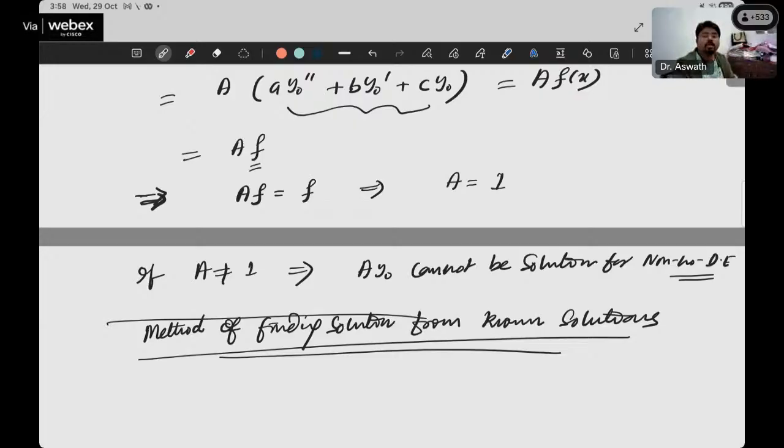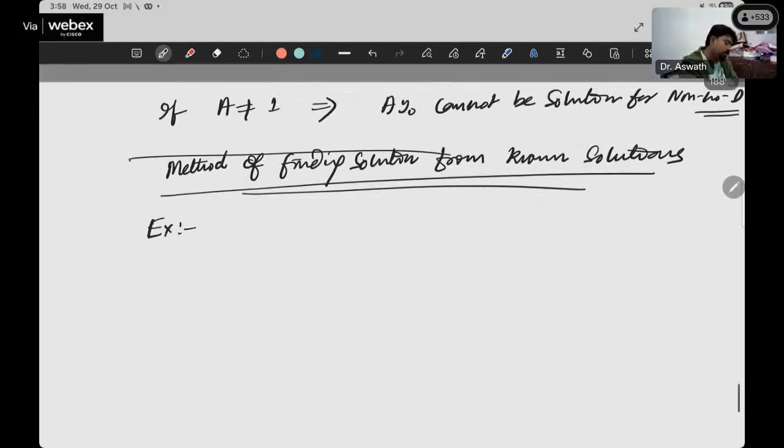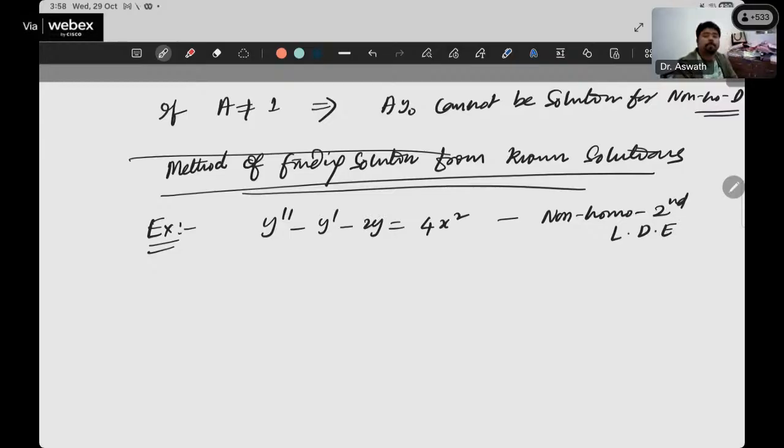So you are relying on somebody to give you existing solutions, and from there you can find it, because it is not that easy. One example, non-homogeneous case: I am writing y double dash minus y dash minus 2y is equal to 4x square, which is a non-homogeneous second order linear differential equation.